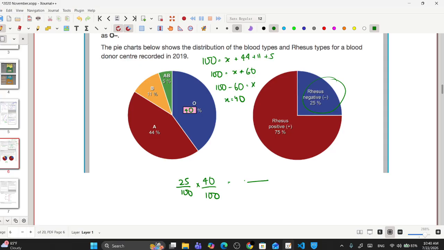So this becomes 10,000. Three zeros get cancelled, three zeros get cancelled. We get 1 over 10, and you get essentially 0.1. Does that make sense? Yeah. All right.